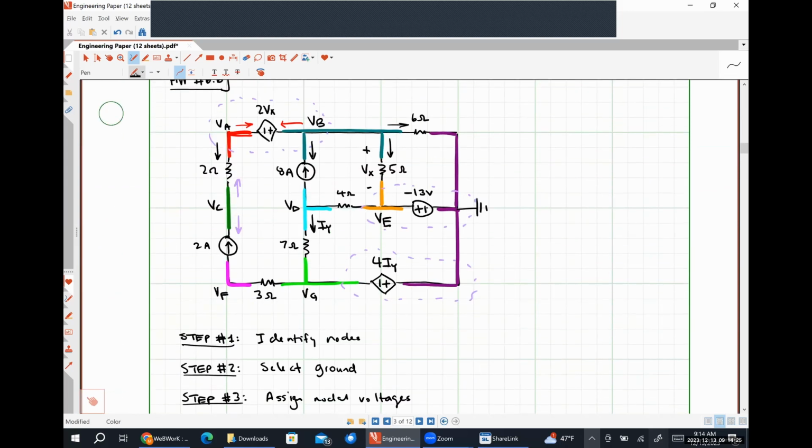So at node D, that's going to be this current flowing up, this current flowing to the right, and this current down. So let's start with the current flowing up. What's that going to be? 8 amps. What's the current flowing to the right look like? VD minus VE over 4. And then the current flowing down, VD minus VG over 7.